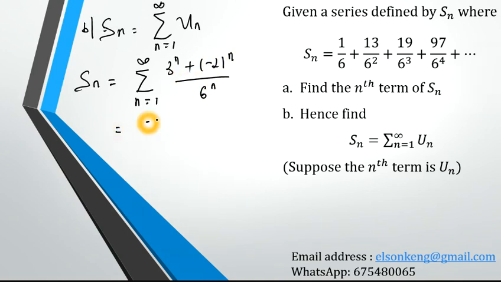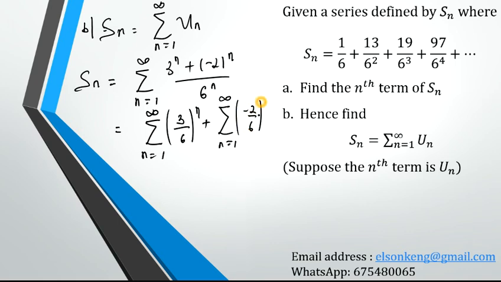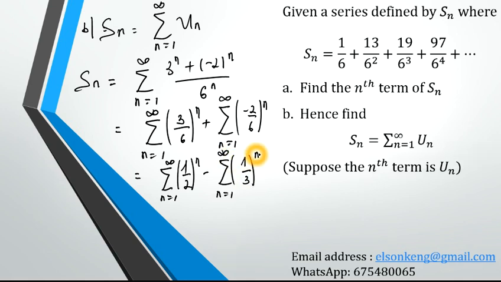If I separate these sums, I get the infinite sum of 3 on 6 all to the n, plus the infinite sum from n equals 1 to infinity of negative 2 on 6 all to the n. Doing this, I get the infinite sum of half all raised to the power n, minus the infinite sum from n equals 1 to infinity of 1 on 3 all raised to the power of n.